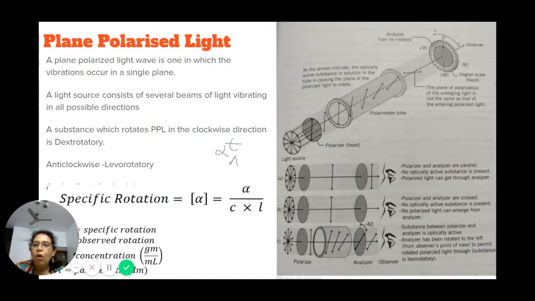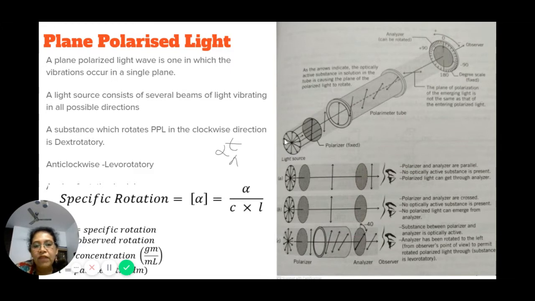Okay, you have all studied plane polarized light in BSc. And we say that a plane polarized light is one which has its vibrations occurring in a single plane. We know that a light source consists of several beams of light vibrating in all possible directions. You can see the light source here.